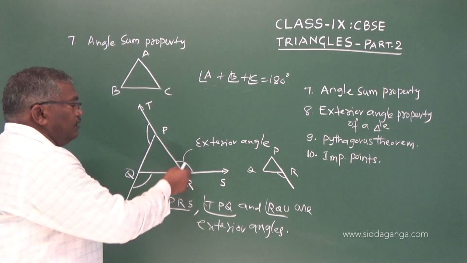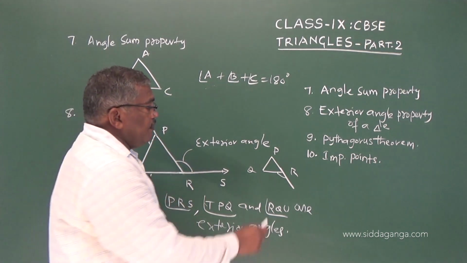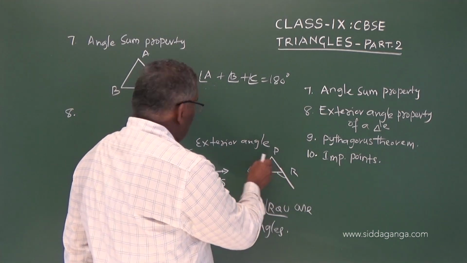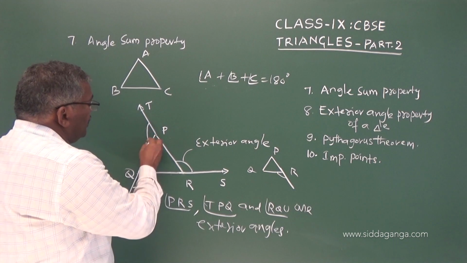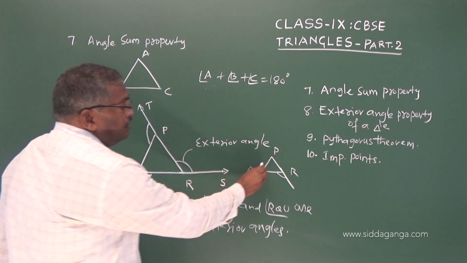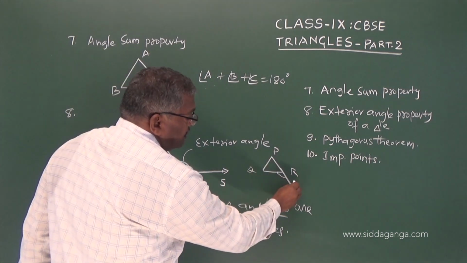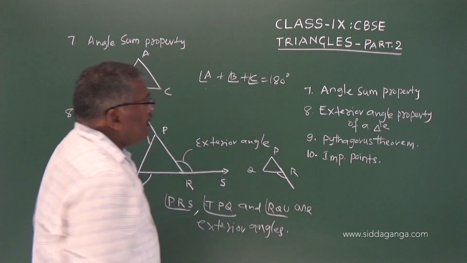Likewise, we will get at least 6 exterior angles in the triangle. Here RP is extended and we got an exterior angle here. In this case, QR is extended. In this case, PR is extended. Therefore, we got an exterior angle.